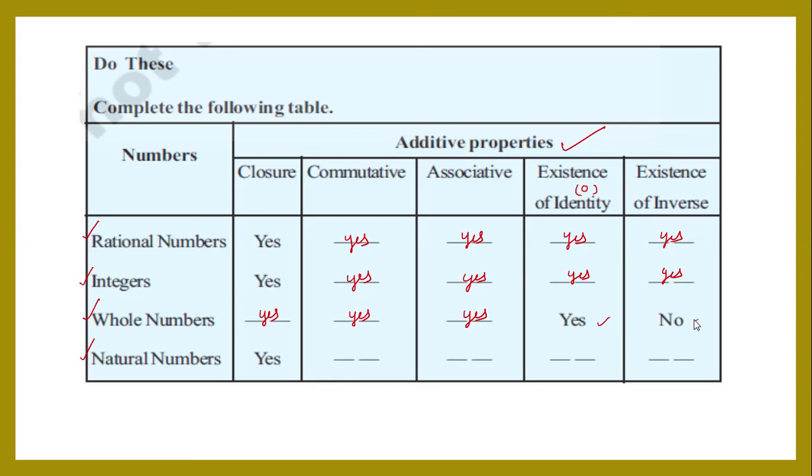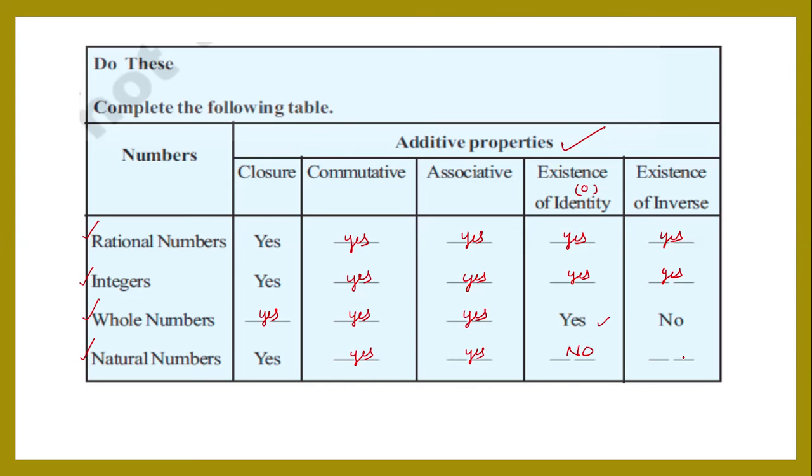So this is no. Now natural numbers. Natural numbers are closed under addition, commutative under addition, and associative under addition. Natural numbers do not have the zero, hence you write no, because natural numbers begin with 1.